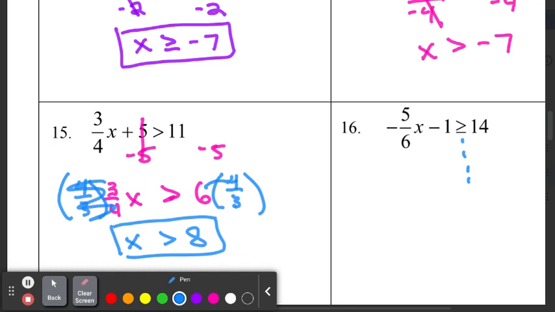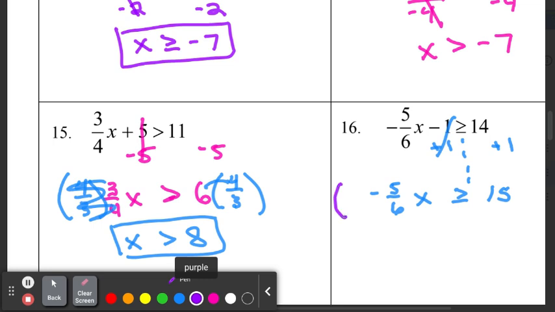So now I would say this one, negative 5/6 times x minus 1 is greater than or equal to 14. So I'm going to add 1 on both sides. Negative 5/6 x is greater than or equal to 15. It's the same as our previous problem, except instead of multiplying by just the reciprocal, we have to include that negative in there.